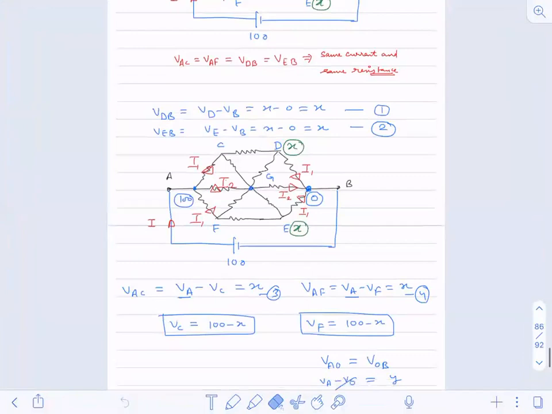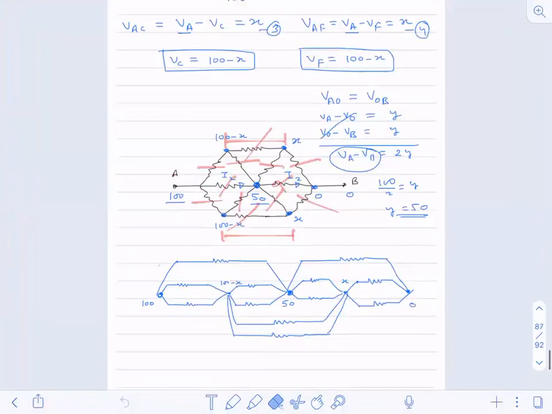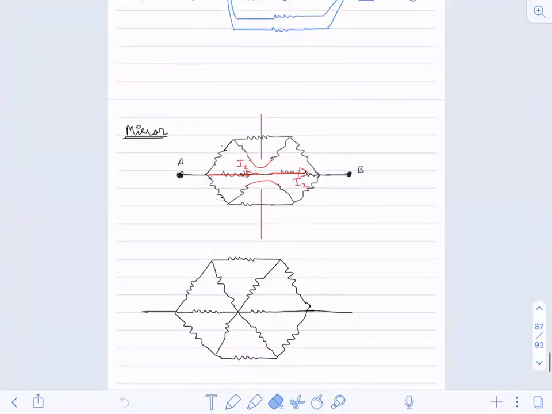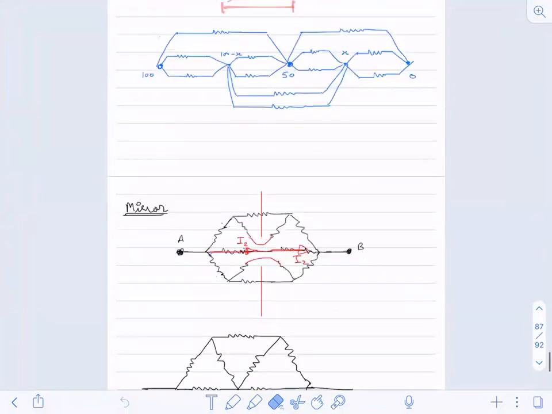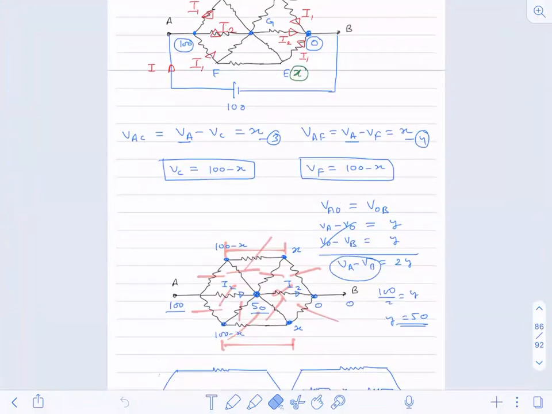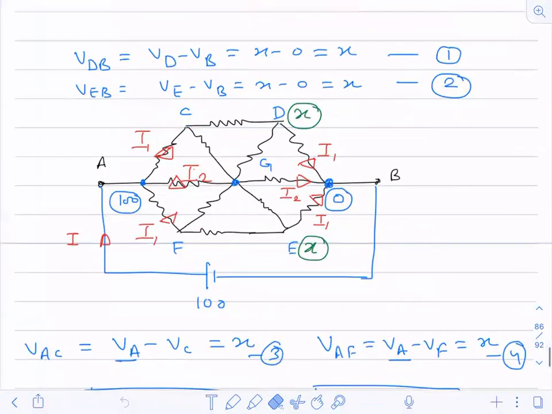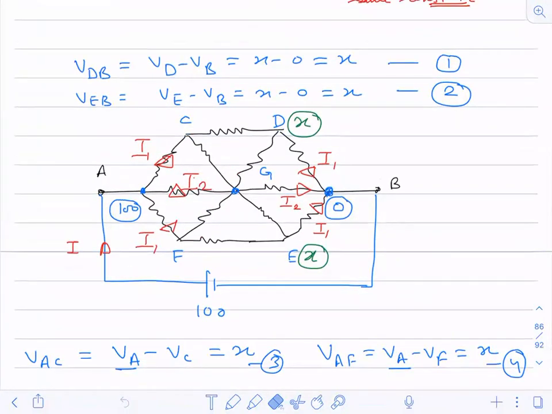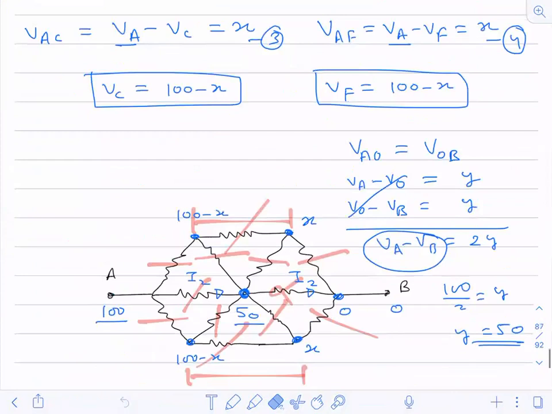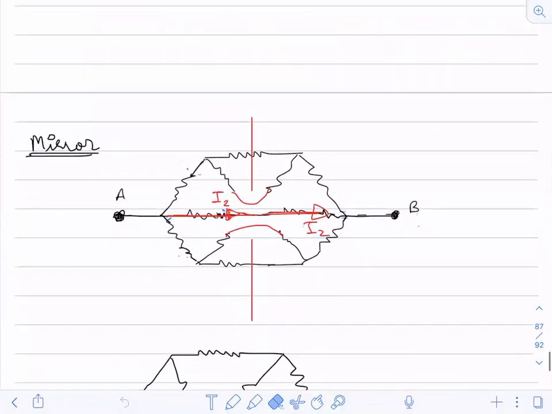We had solved these sums. After solving the sum, we had seen the sum by writing the potentials, finding out the potentials of every point, and then we had tried to solve this. Now, after doing that, we had done this sum also.